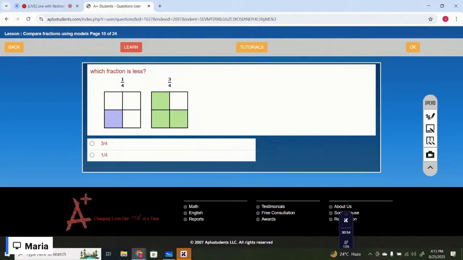Which fraction is less? 1 by 4 is less than 3 by 4. Option 2 is the correct option.